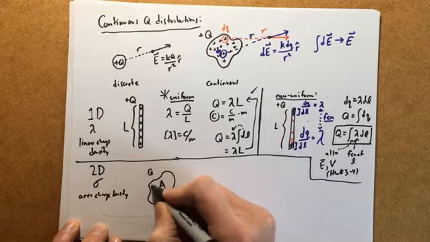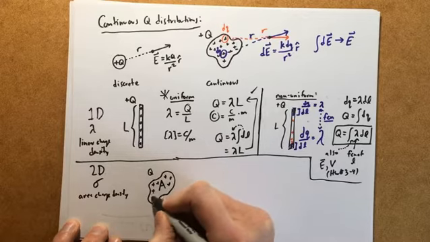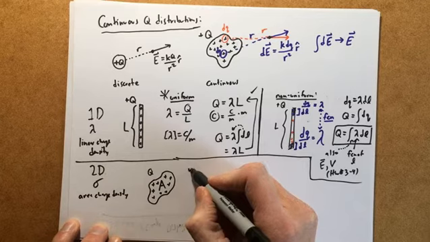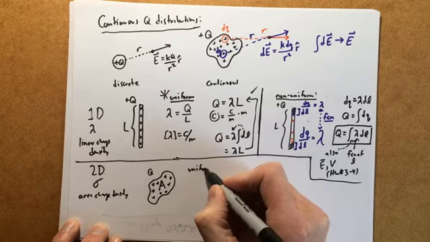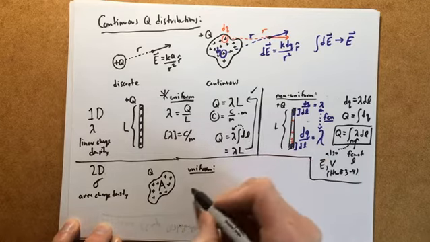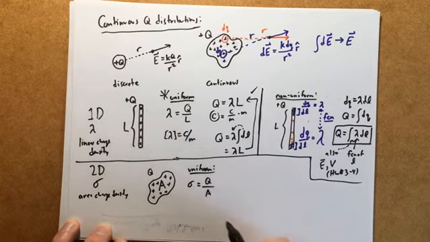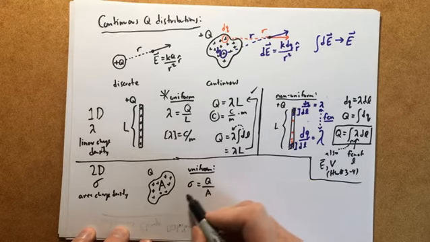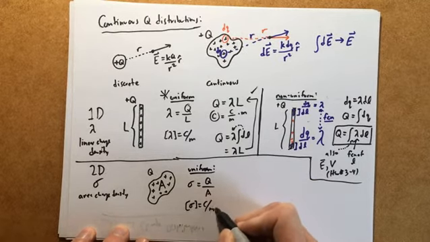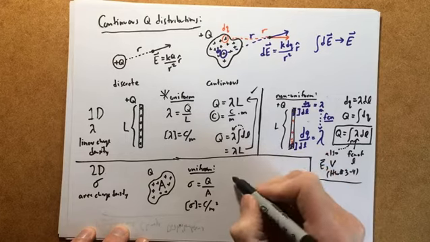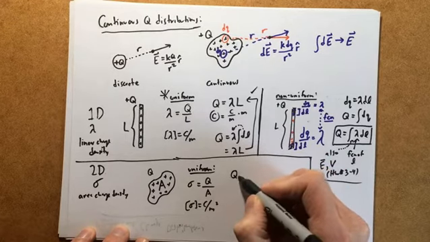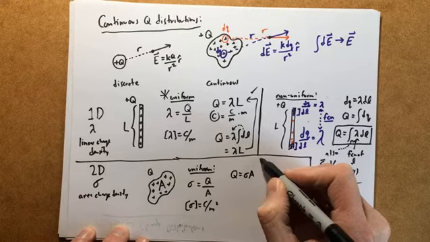We're spreading it across an area A. And for a uniform distribution, you've buttered your toast nice and uniformly. You can just divide the total charge over the total area. That is the sigma that is across your entire object. Units would be coulombs per meter squared now. And likewise, you can invert this. If you want the total charge, multiply sigma times the area.